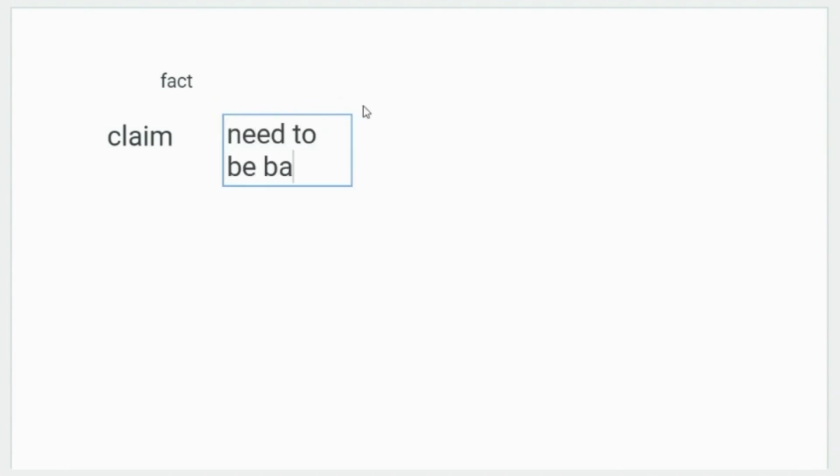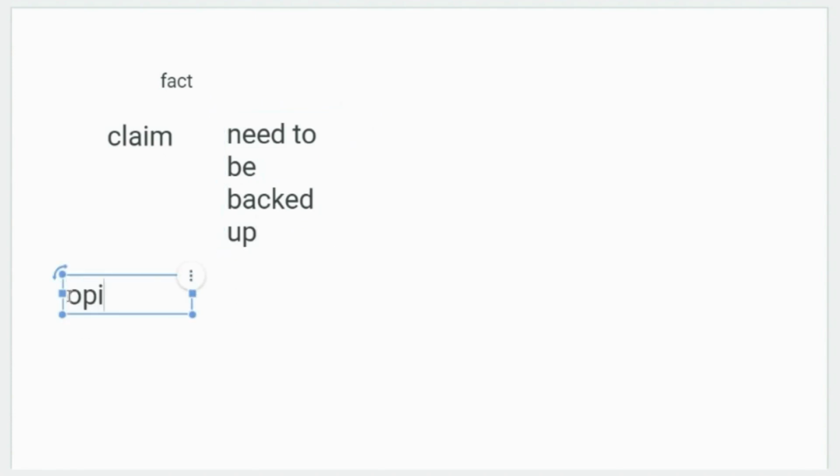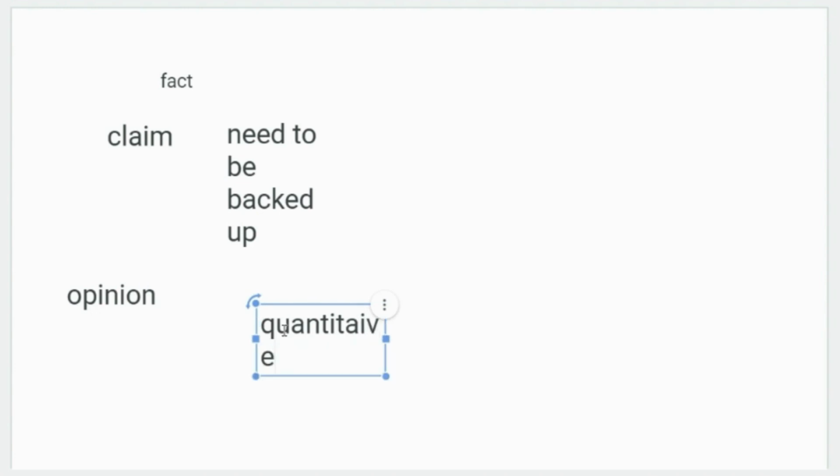Opinion. Okay. Qualitative and quantitative. A graph would be quantity or quality?